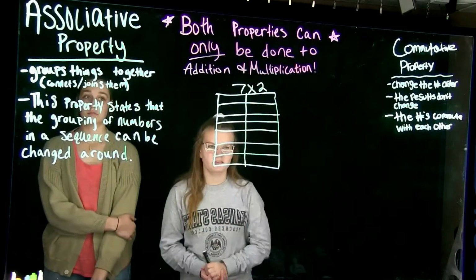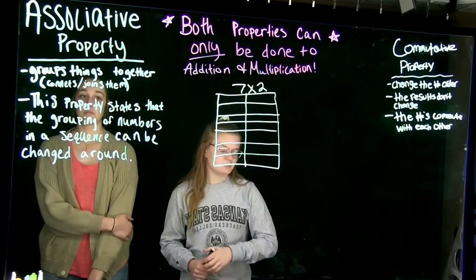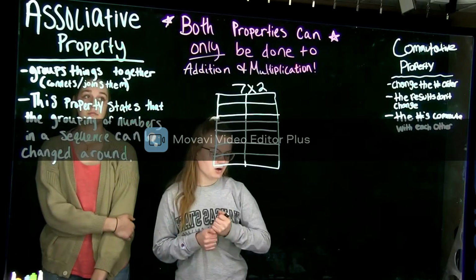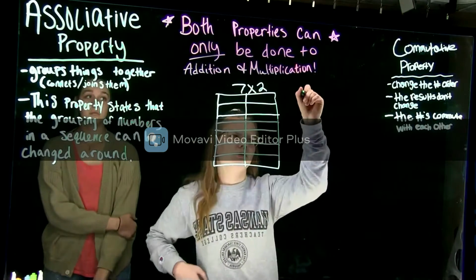An example could be 7 times 2 because it's 7 groups of 2, which equals 14. Or you can switch it up.